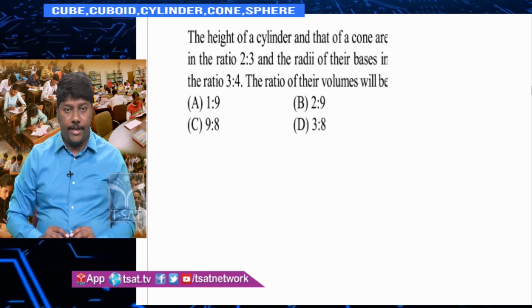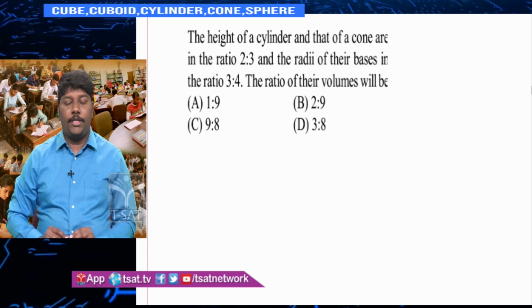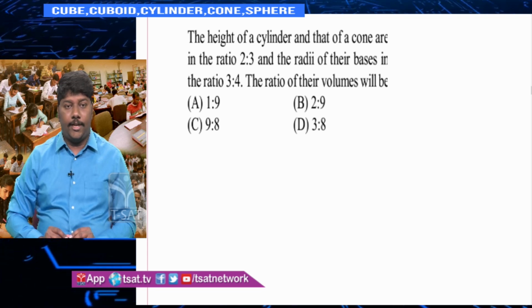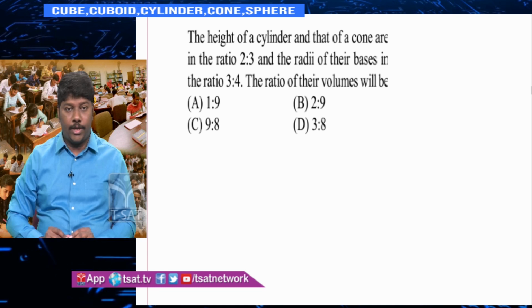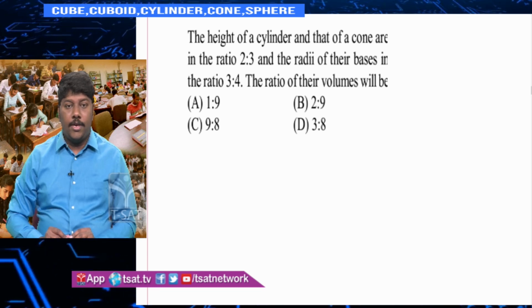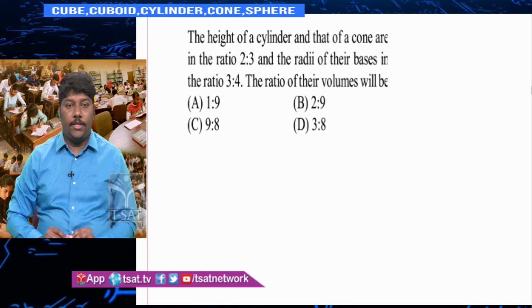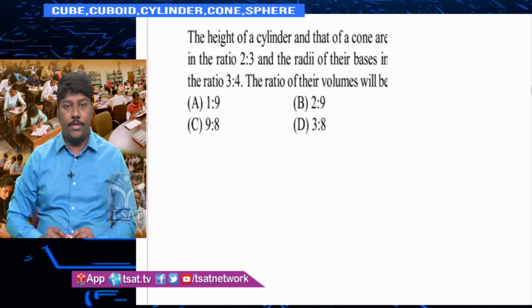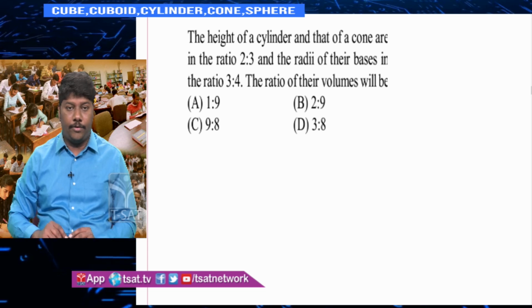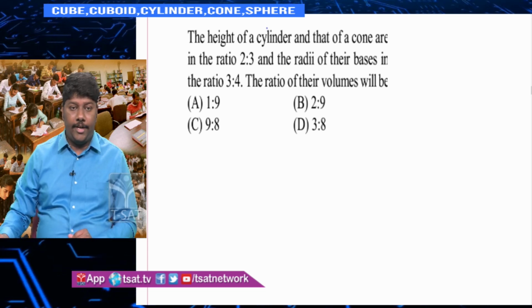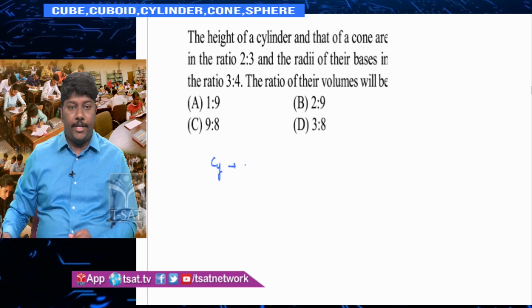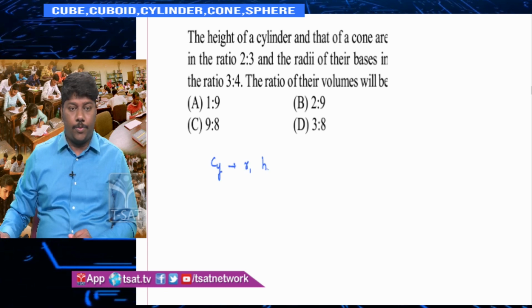The heights of the cylinder and that of a cone are in the ratio 2:3. So you are given both a cylinder and a cone. The heights are in the ratio 2:3 and the radii of their bases are in the ratio 3:4. So the ratio of their volumes will be, first they have given cylinder, then cone. For the cylinder, let radius be r1 and height be h1.